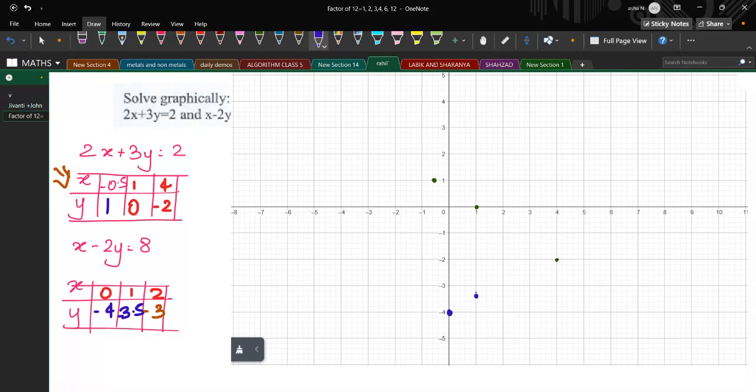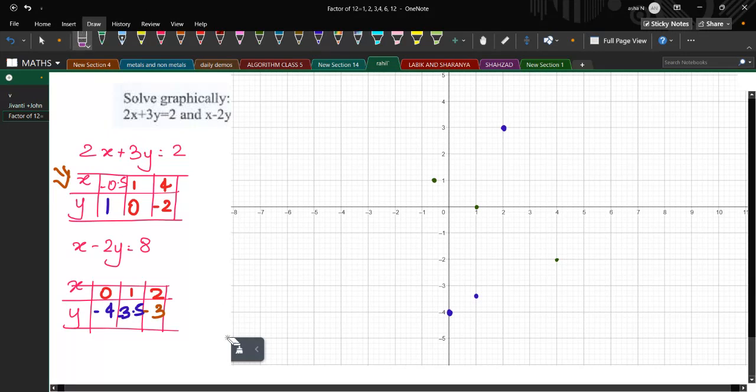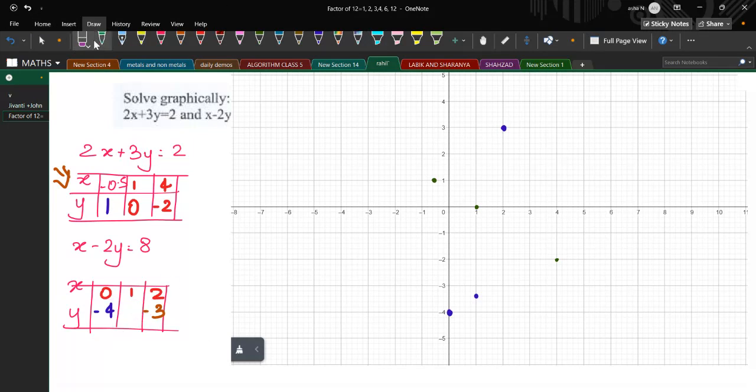Correct? 2 and 3. Oh, some problem. I think this.